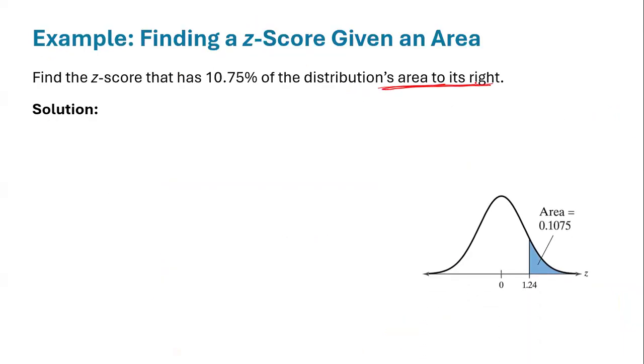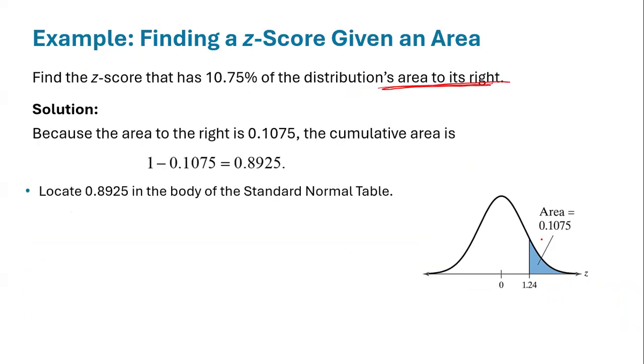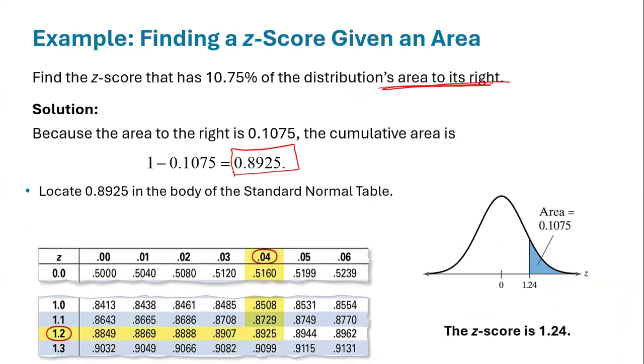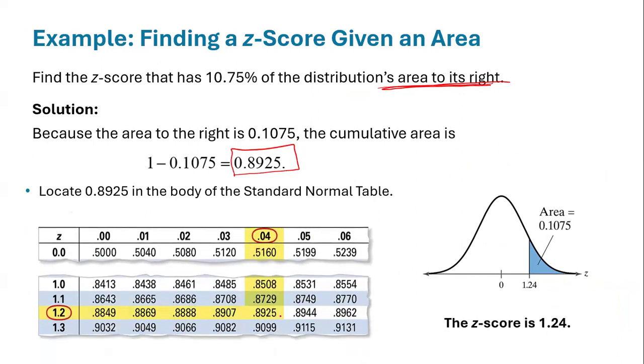This is to the right. So what do we have to do? We have to find the area to the left first. How do you find the area to the left? Subtract this number from 1. If I subtract this number from 1, we get 0.8925, which means I am looking for this number in the table. If I go back to the table, I see that 0.8925 is over here. And this number corresponds to what z value?